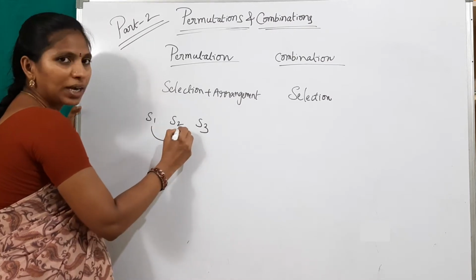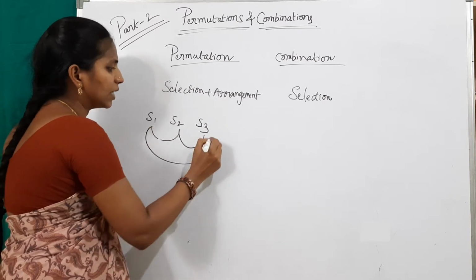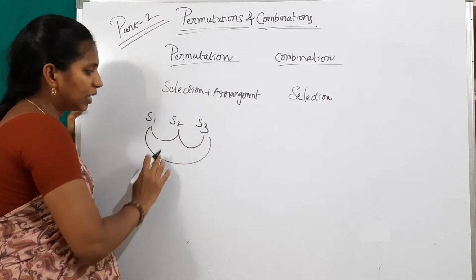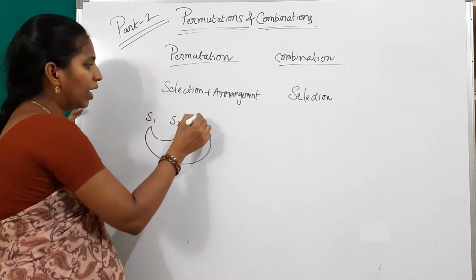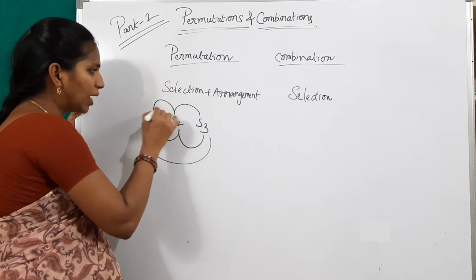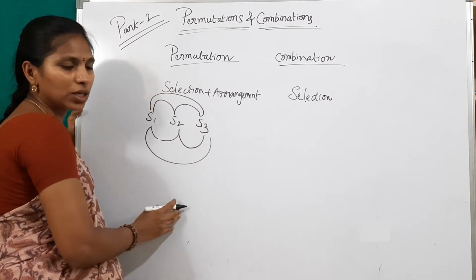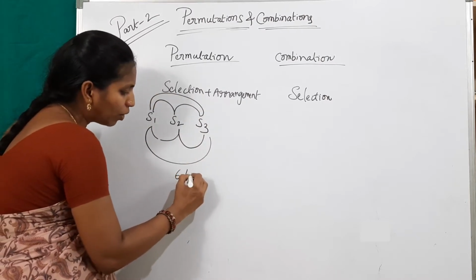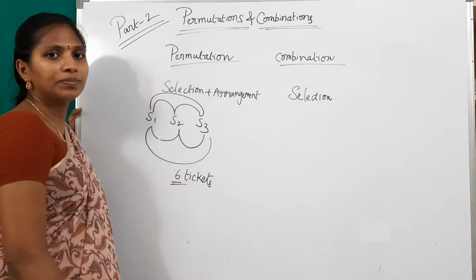S1 to S2 is one type of ticket, and S2 to S3, and S1 to S3. How many tickets? 3 tickets in one way. In another way, S3 to S2, S2 to S1 and S3 to S1. Another 3 tickets. So the total number of different types of tickets is 6.